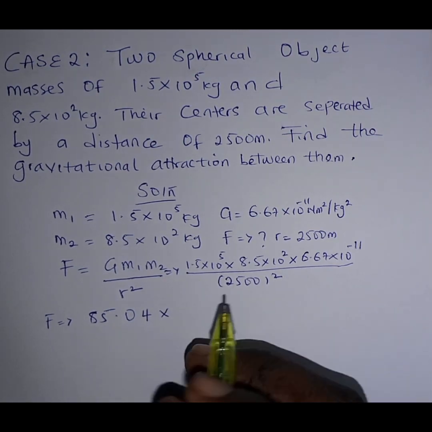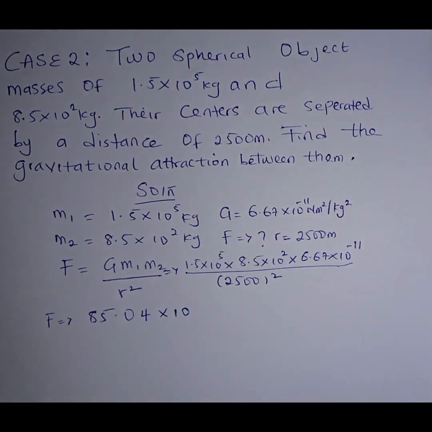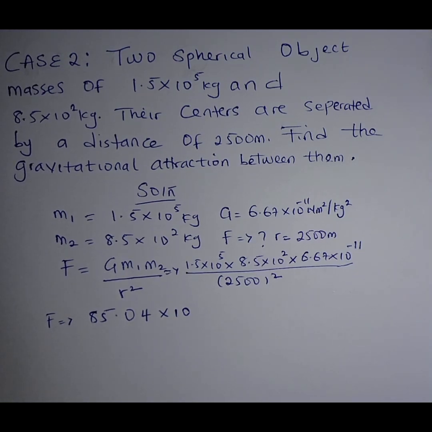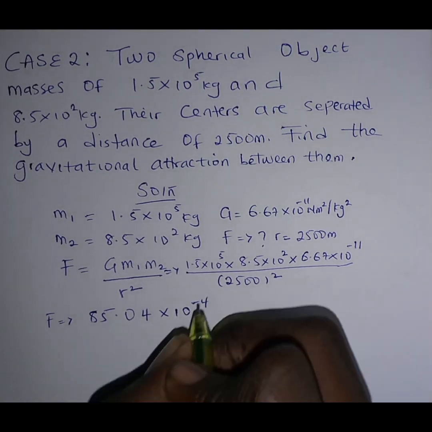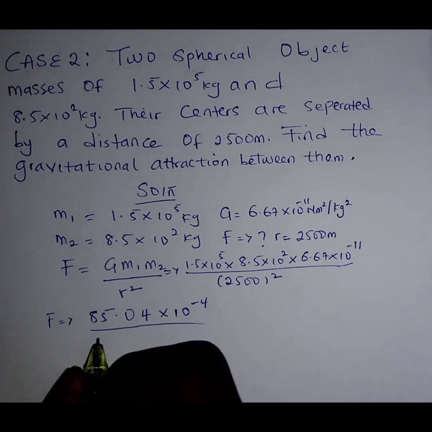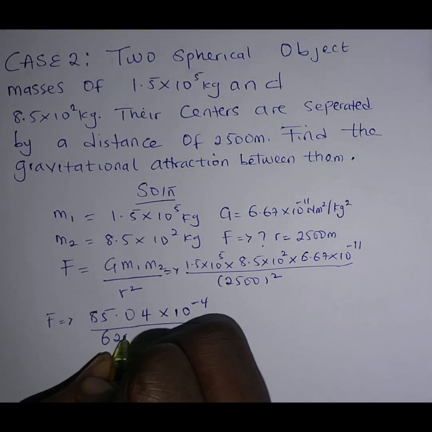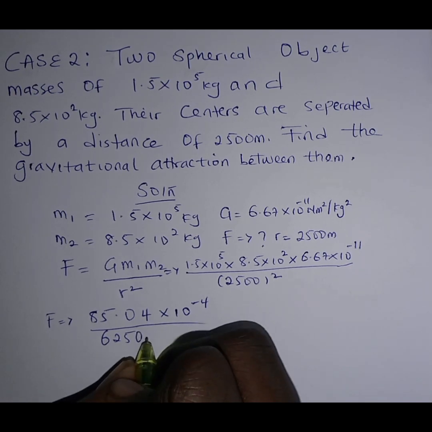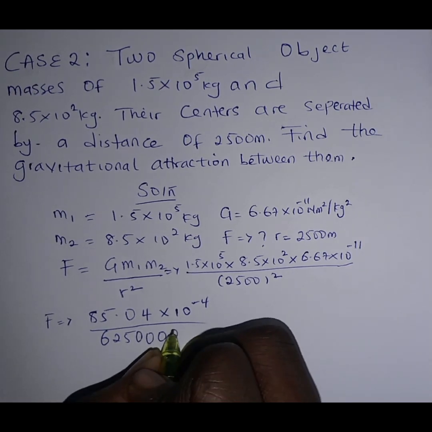Now out of the three things you have, pick one thing and add all the powers together. 5 plus 2 plus minus 11 will have minus 4 all over. Now find the square of the distance, which is 2,500. 2,500 square. So this is the value.